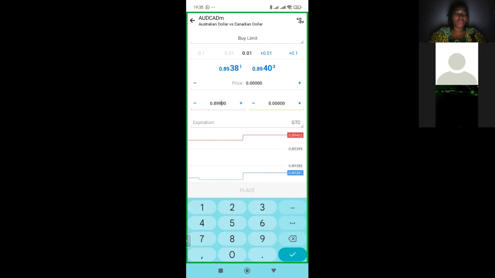So what do you do? You set a buy limit at a price that is below the current price of the market. You set a buy limit, and then when you set a buy limit, your stop loss price must always be below your entry price.